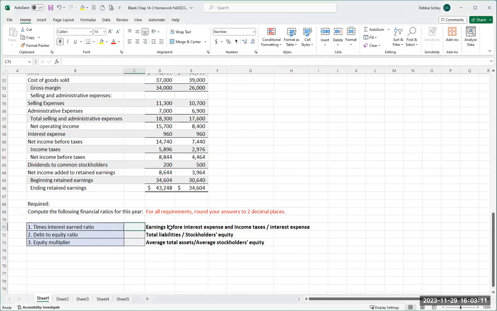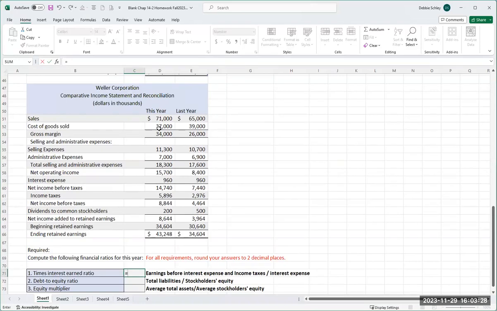So the first one is times interest earned ratio. The definition of that is the earnings before interest expense and income taxes divided by the interest expense. So I'm going to go equals. And again, we're doing this year, so I want to reference things in the this year column. So earnings before... I believe it's this one.